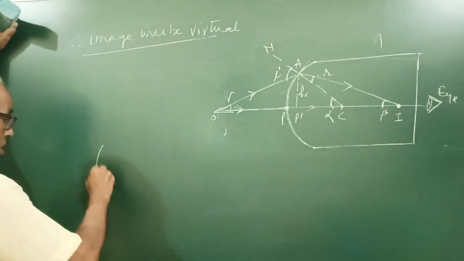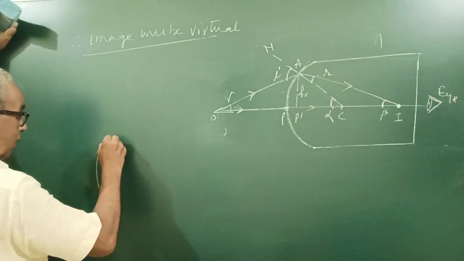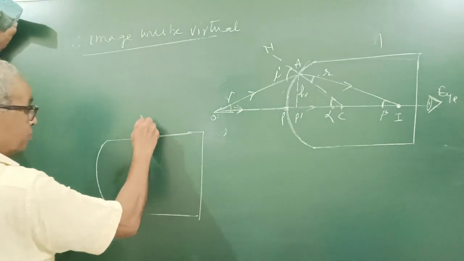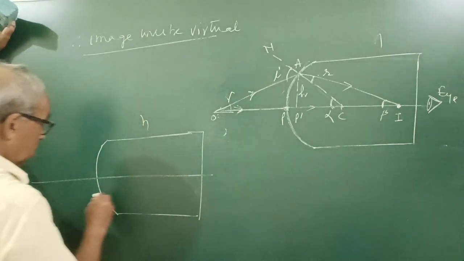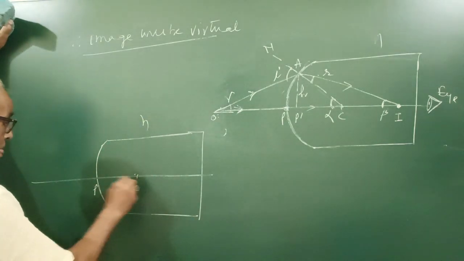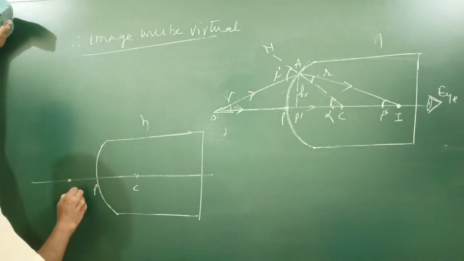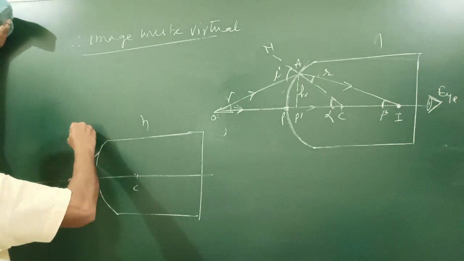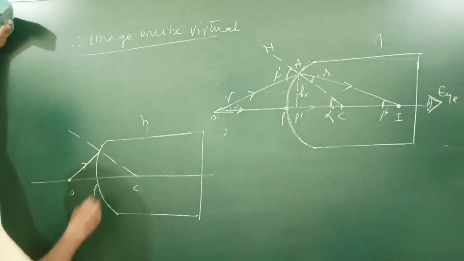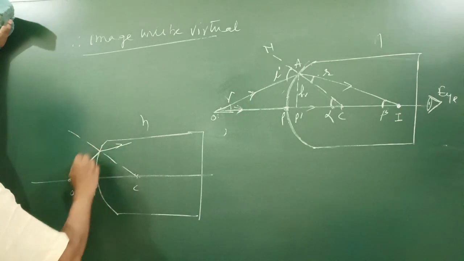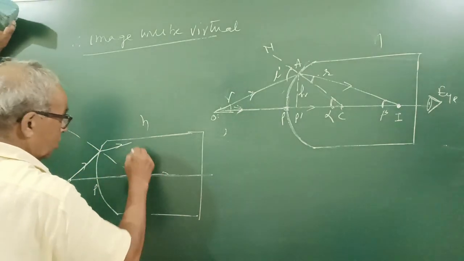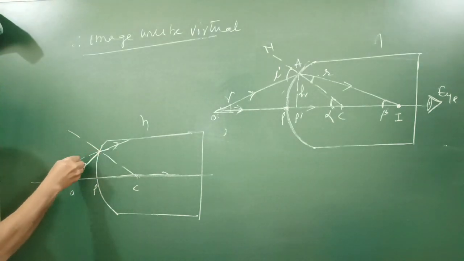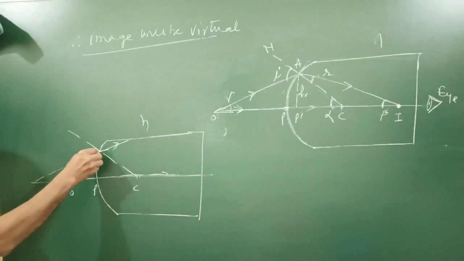If this is the convex surface with index n, and this is the pole, this is C, and the object is here close to the pole. The ray will be normal here, it may bend only this much and may not meet.